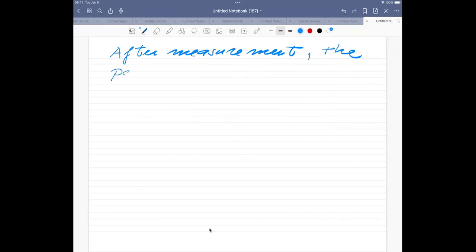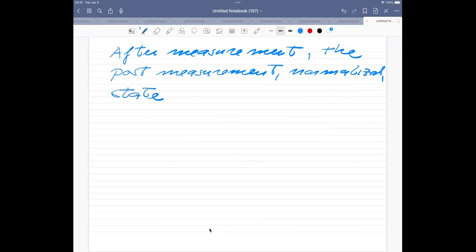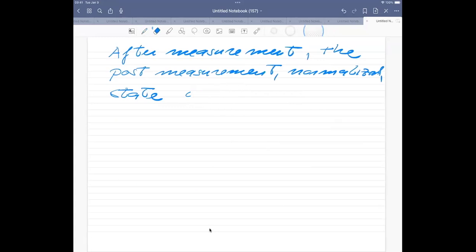I'm going to call this the post-measurement normalized state. And we normally think of this as a pure state after the outcome.